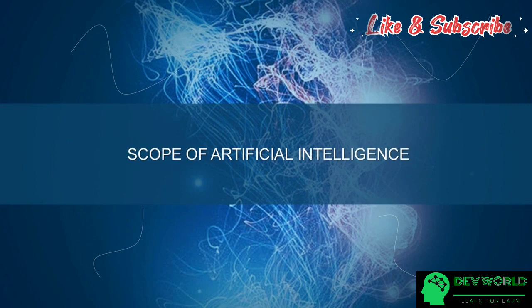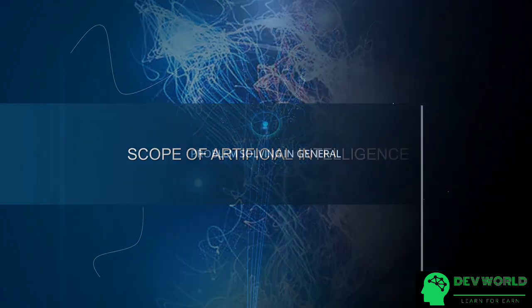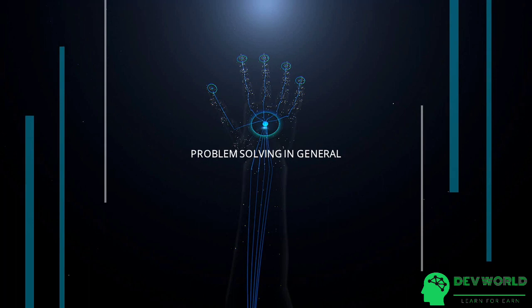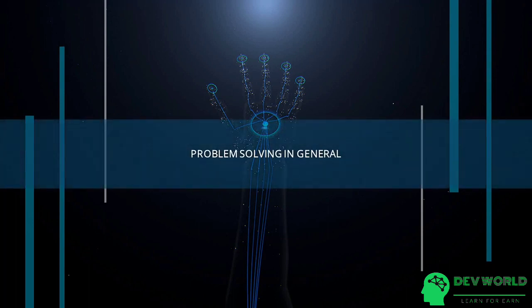Scope of artificial intelligence. Problem solving in general. This is not simply to program a machine, when you're talking about artificial intelligence, but a machine to solve a problem that was not defined before.